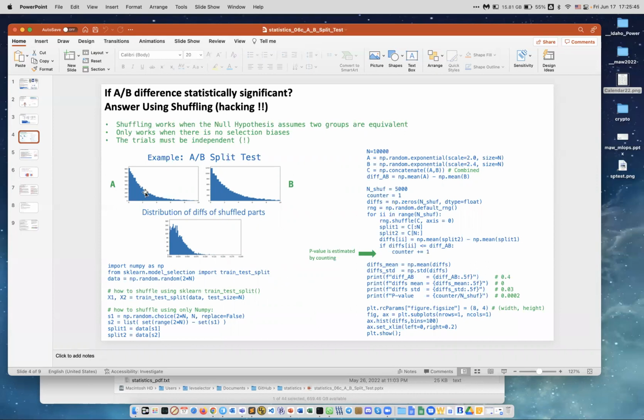Let's say this is control, and this is B. And they look very, very similar. And they're random, so if you repeat the test, they will look a little bit different. So it's difficult to say if they're statistically different or not, if whatever improvement you designed worked or not.